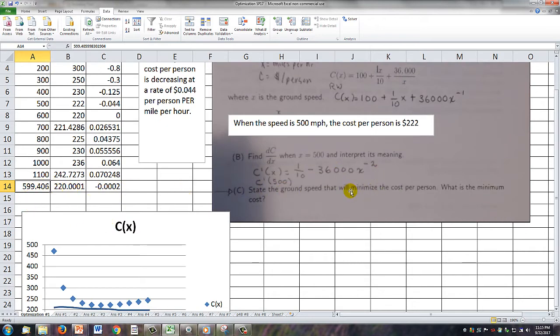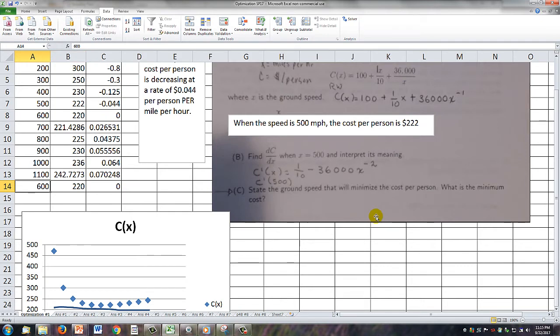Or since we've had some emphasis on solving these, what you could do is just algebraically solve 1/10 minus 36,000 x to the negative 2 equals 0, and solve it and get the algebraic answer. That's fine too. But the best answer is 600.